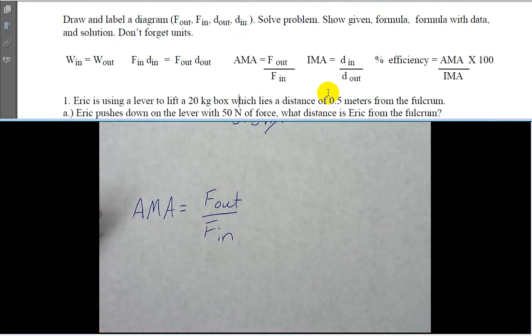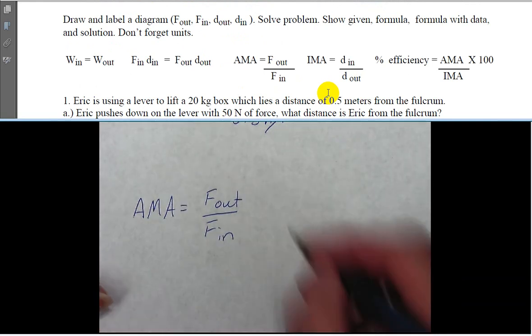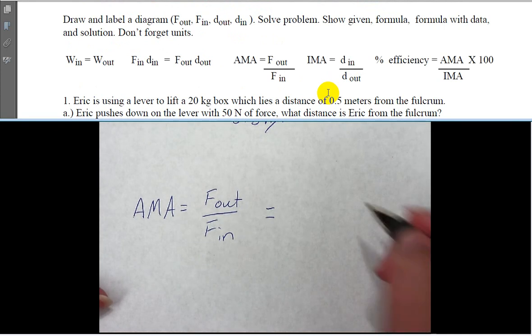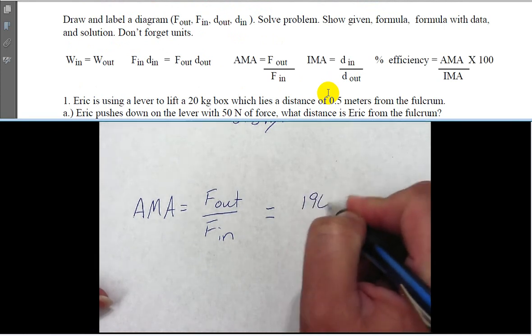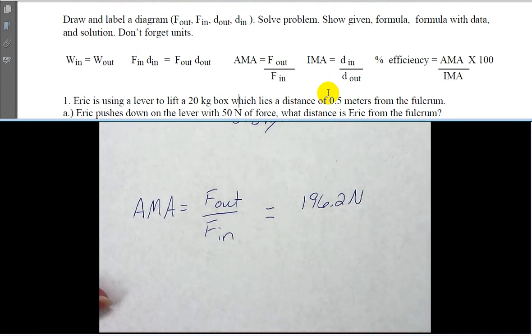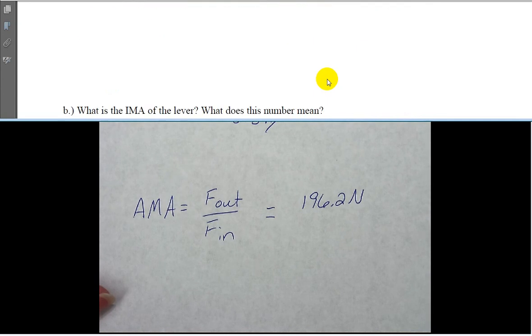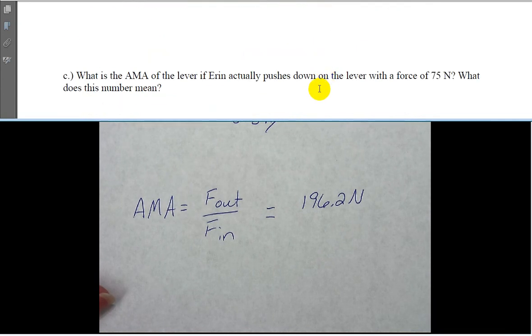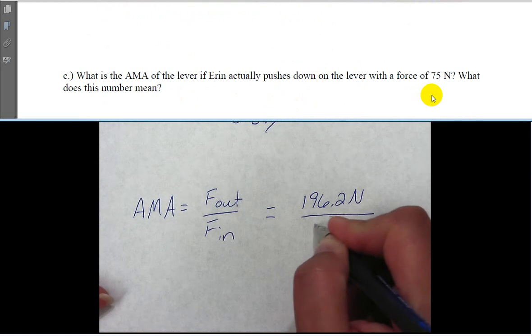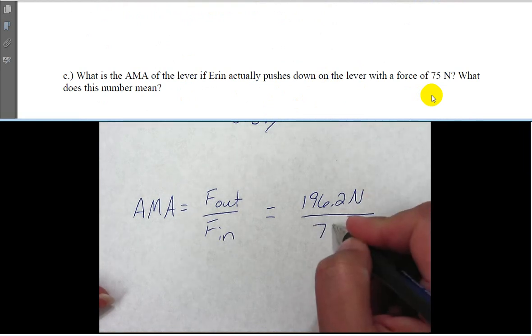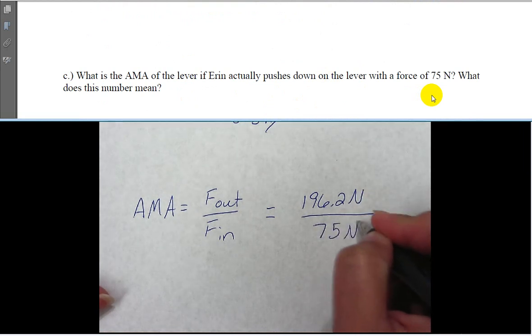The force of the resistance is my out, so that's 196.2 newtons. And on the problem, my effort is 75 newtons.